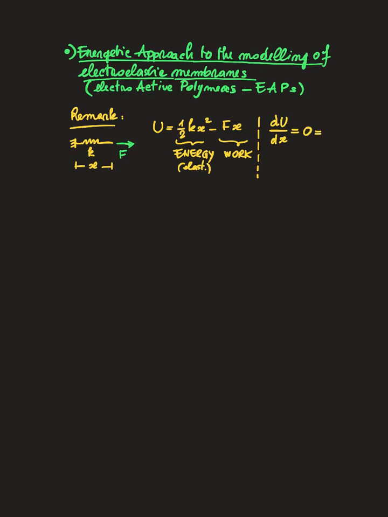And if you do that, you obtain kx minus F equal to zero, from which you get that F is equal to kx, okay? This is the very idea I will be using in this energetic approach to the modeling of these membranes.